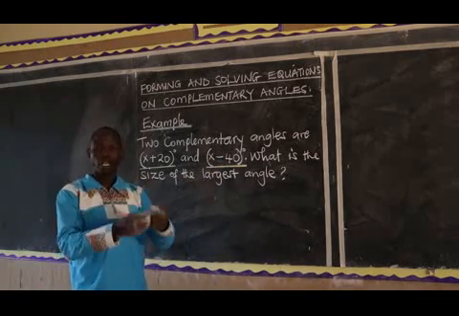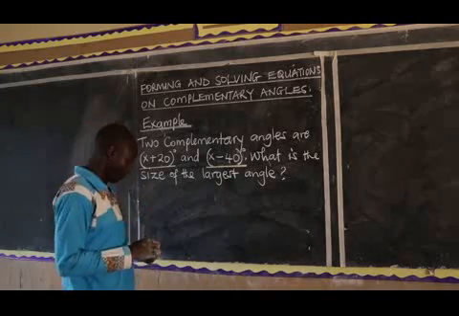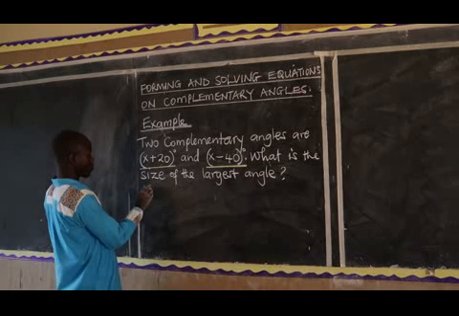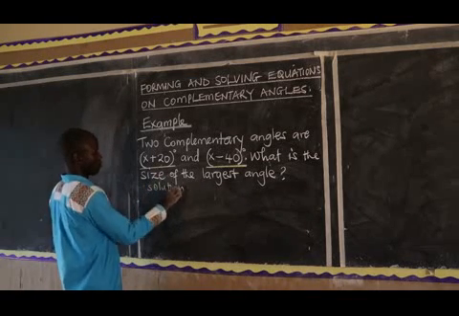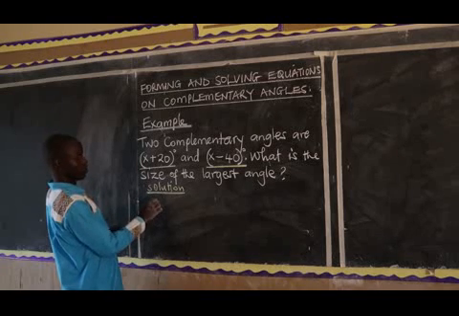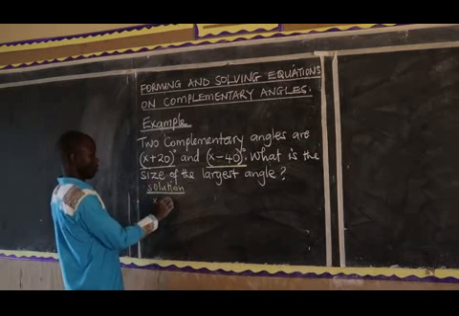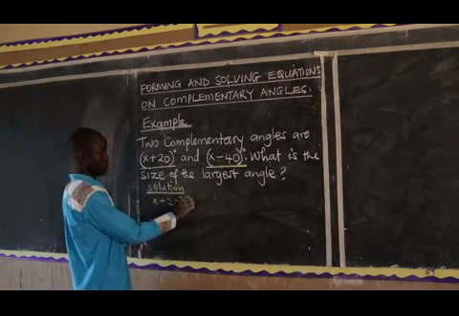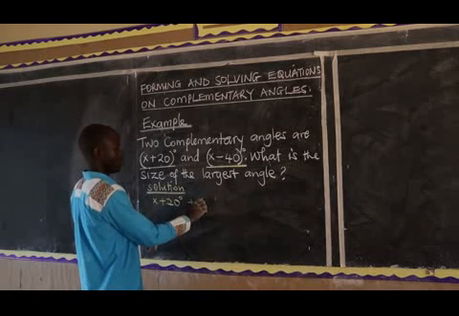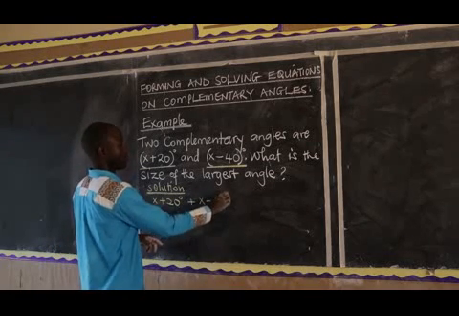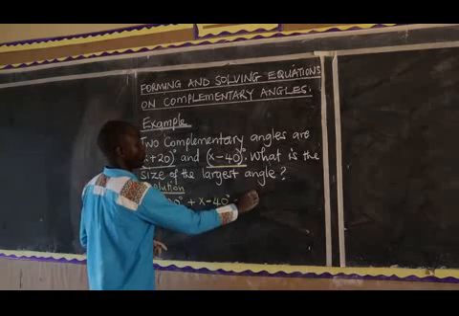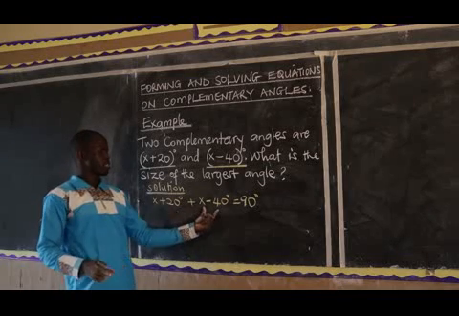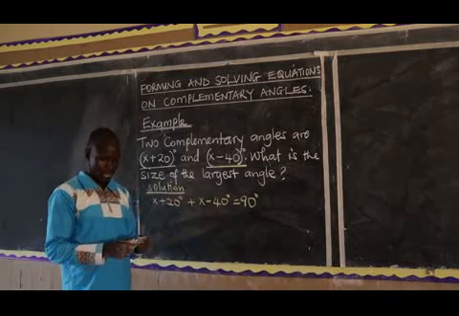So based on that principle, we shall form our equation as: x plus 20 degrees plus x minus 40 degrees is equal to 90 degrees. So our first complementary angle plus the second complementary angle gives you 90 degrees.